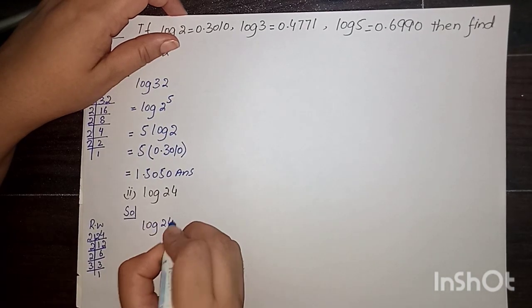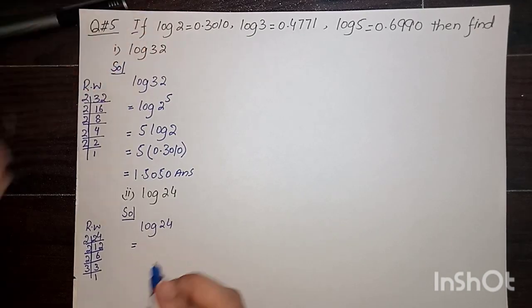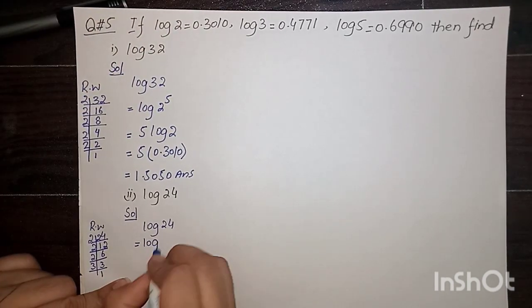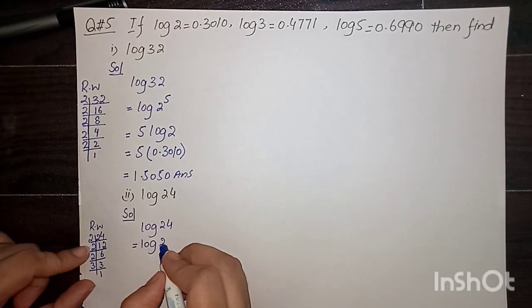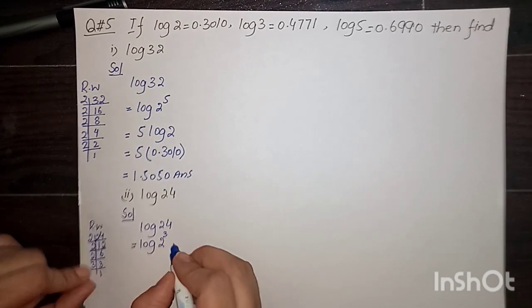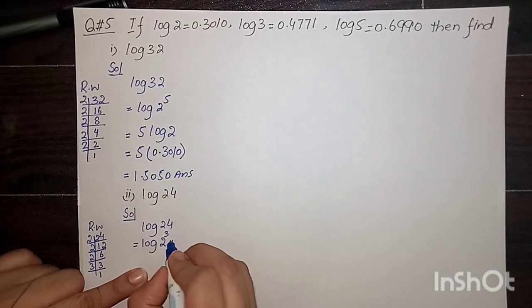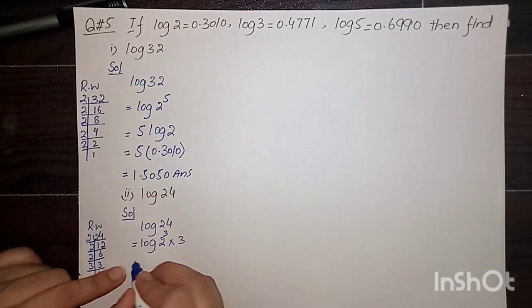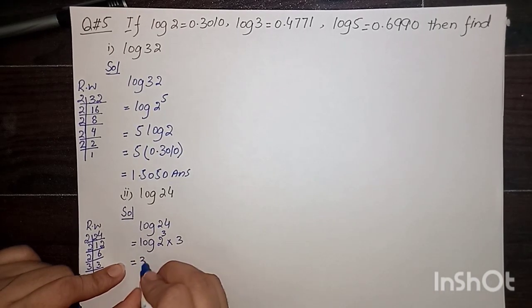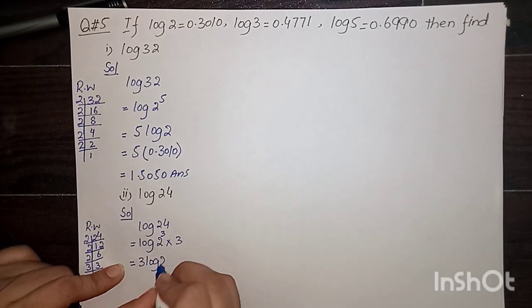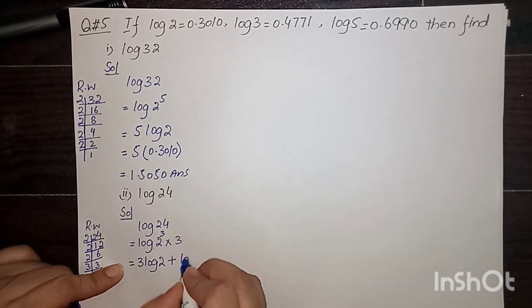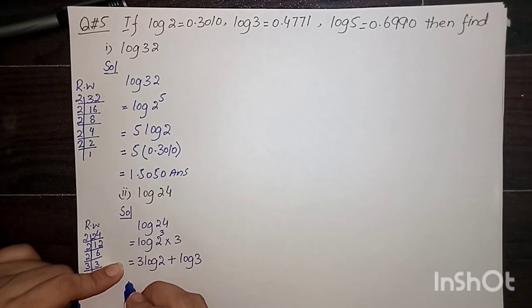So log of 24 is equal to log of 2 to the power of 3 times 3. By using the laws, this is 3 log of 2 plus log of 3.